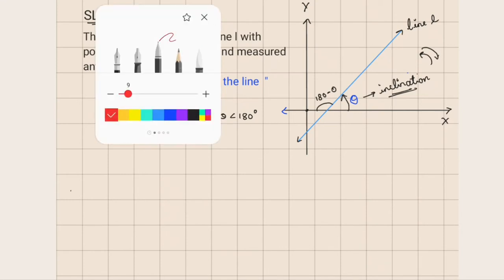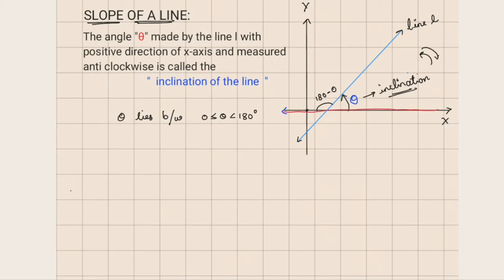I will draw it for your convenience. Let's say this line, which coincides with the x-axis, makes an angle 0 degrees. After that, it starts again from 0. So this is called the inclination.